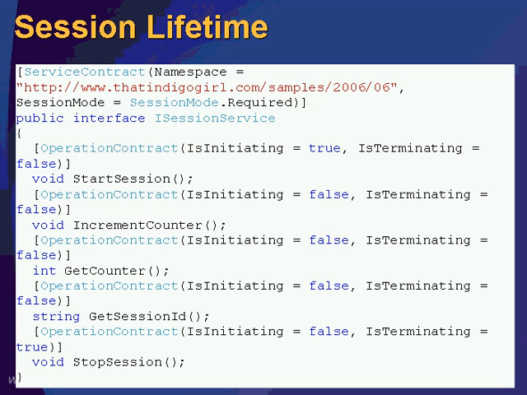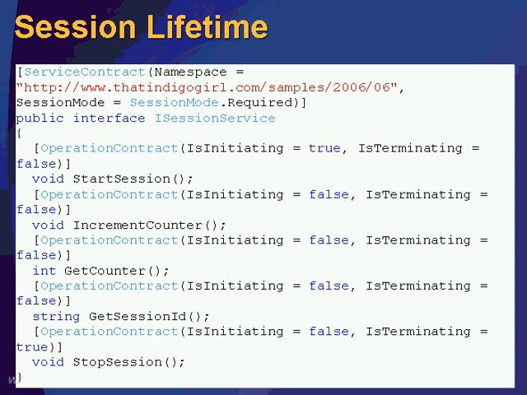So here's an example where I've got a session service where we require session, where we say that the start session operation is initiating set to true and is terminating set to false, meaning when this operation is called, it will create a session if one does not exist yet. It will not terminate the session when the call is complete. This is the default behavior.